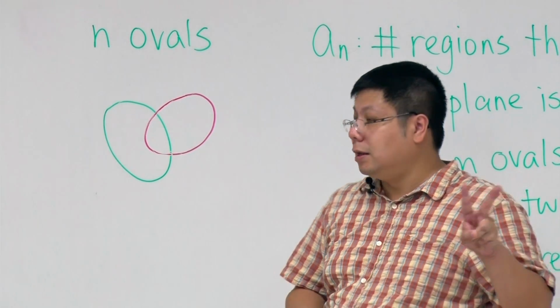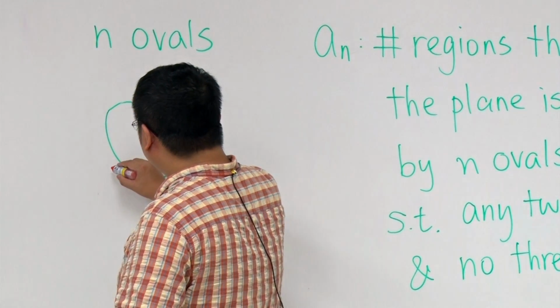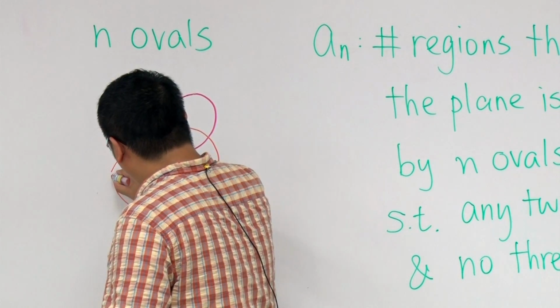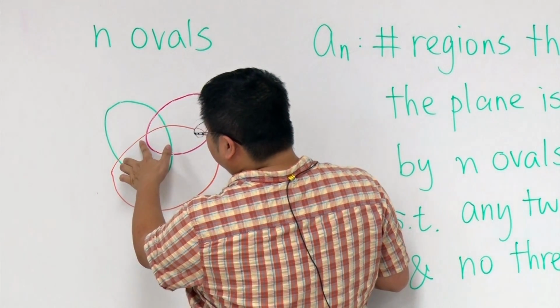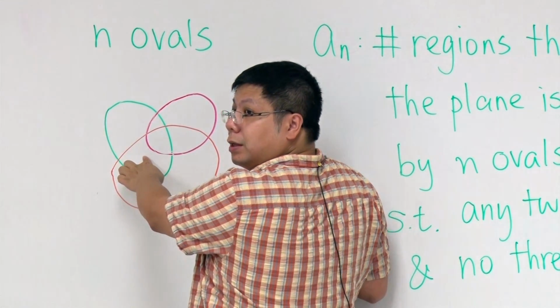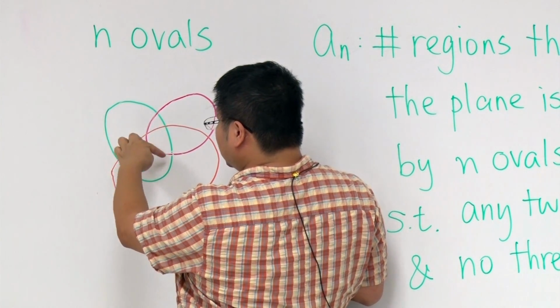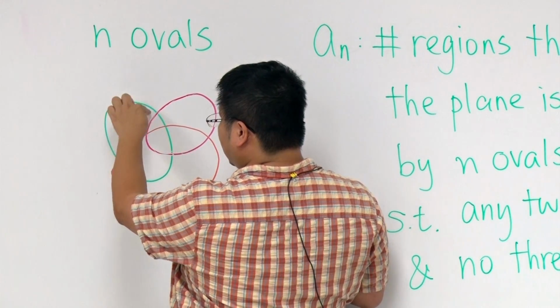Now, let's add another oval. This time, let's add an oval like this. This segment divides this into two, so it adds one region. Originally, just one single region, now it is counted as two regions.